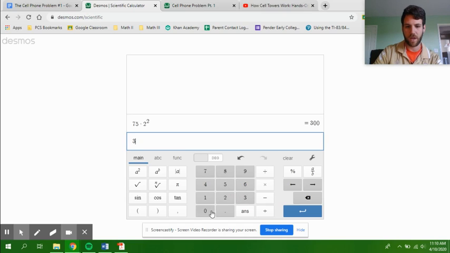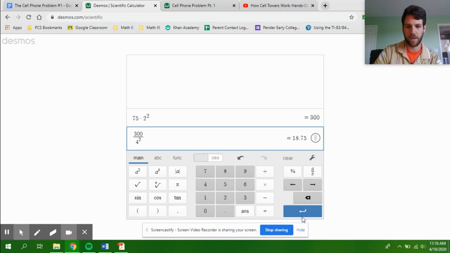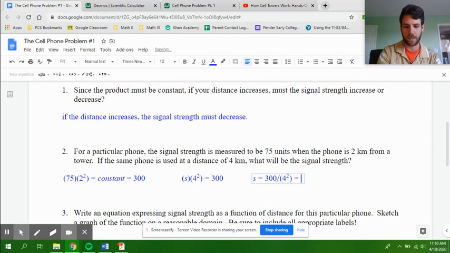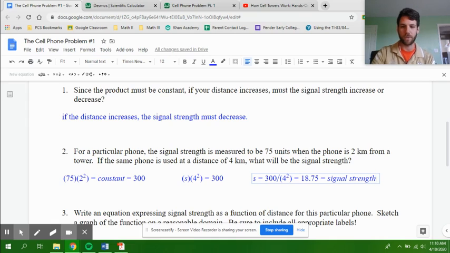We have 300 divided by 4 squared, and 18.75 is our answer. 18.75 would have to equal our signal strength. And that completes question number 2. We have found out that signal strength is equal to 300 over 4 squared, equal to 18.75.